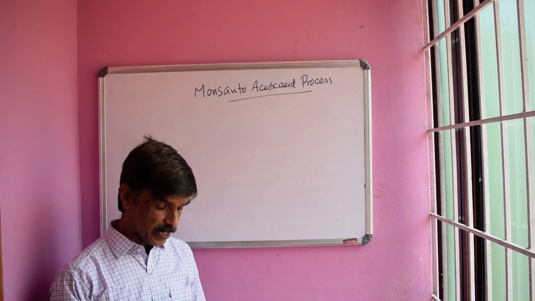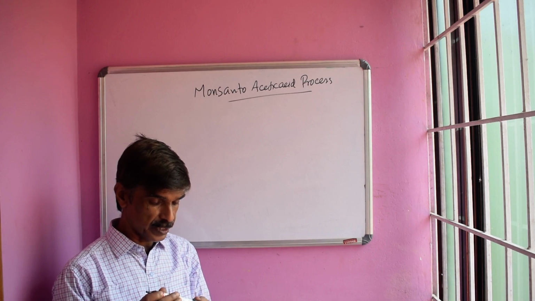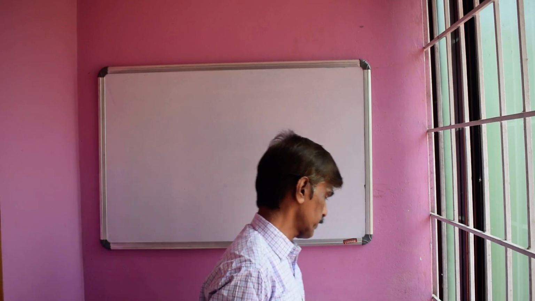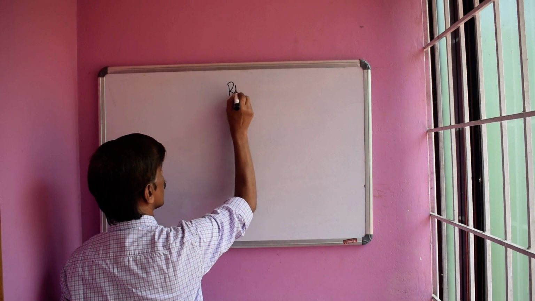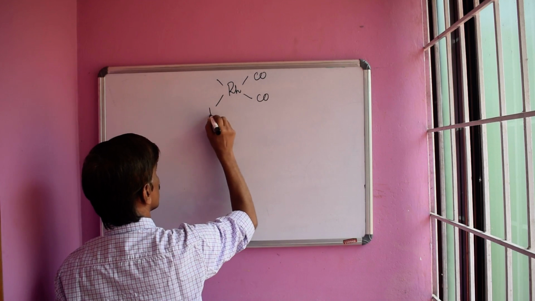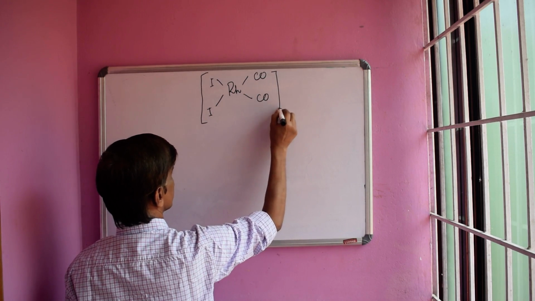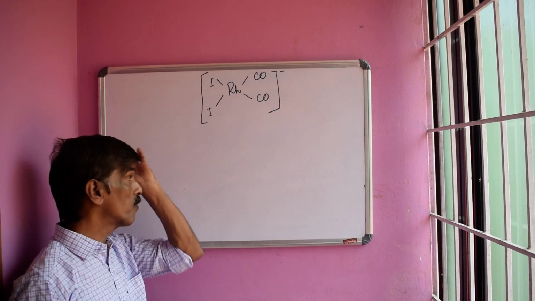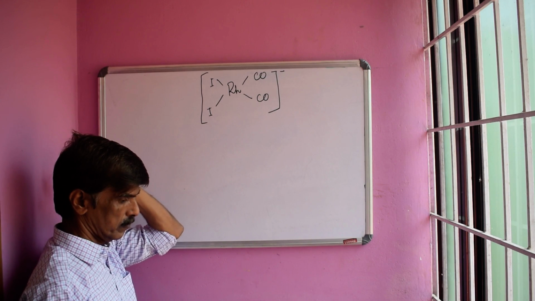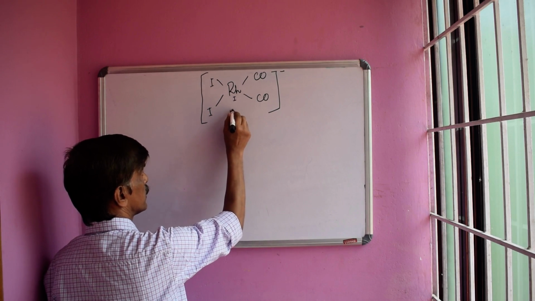And we have seen that the catalyst used in the Monsanto acetic acid process is the rhodium catalyst, which is the square planar d8, 16 electron species of rhodium(I). Rhodium(I) is a 16 electron species.